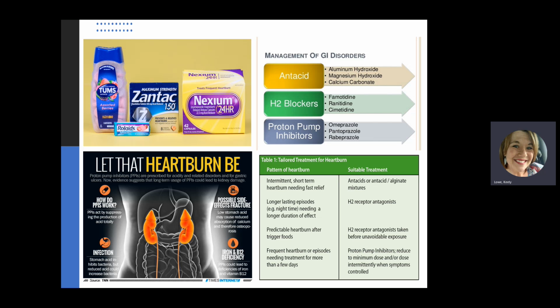So talk to patients about, again, what are they taking? What over-the-counter medicines are they taking? When we say what medicines, people don't think about telling us about things like that. That's over the counter. So when we think about heartburn, we're particularly talking about the proton pump inhibitors, suppressing the production of acid totally, okay?